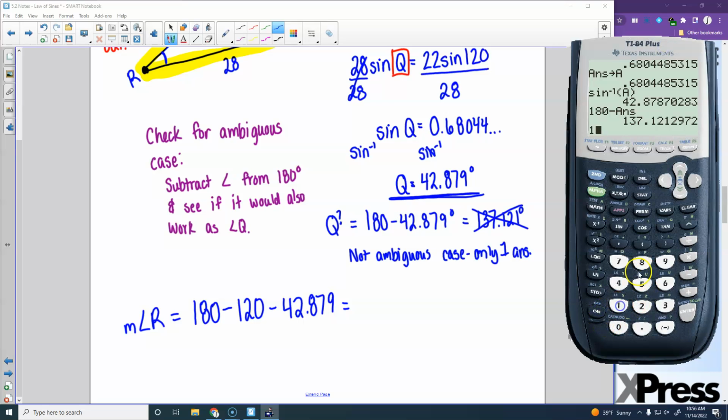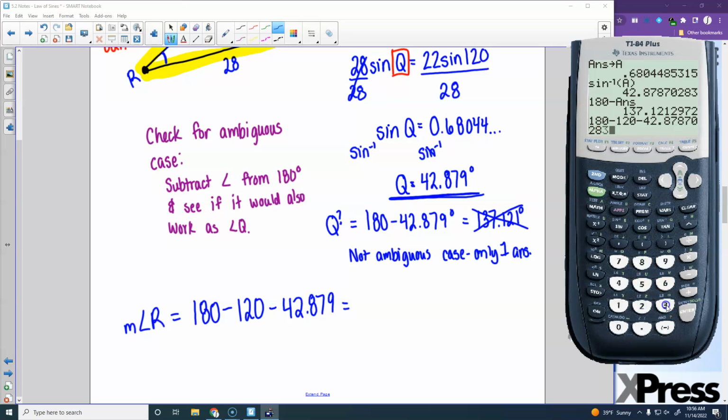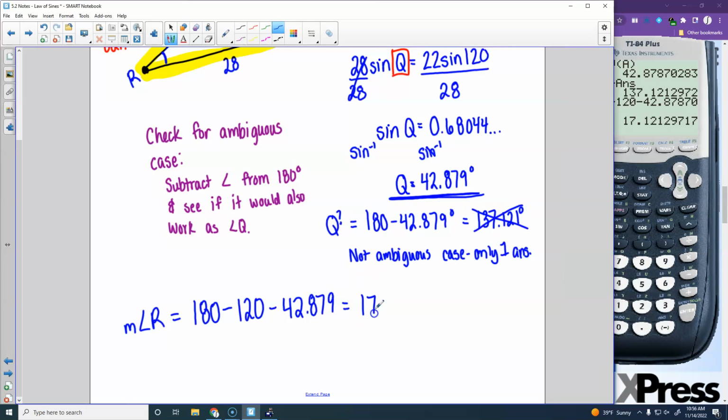So 180 minus our 120 minus that 42.87870283, we will get 17.121. And that would be our answer for measure of angle R.